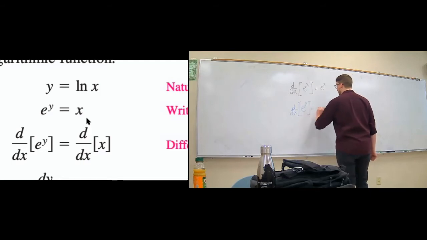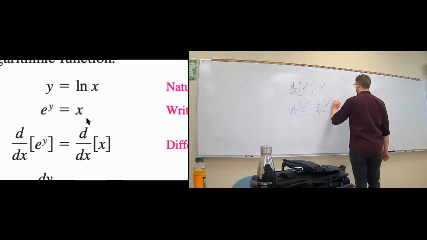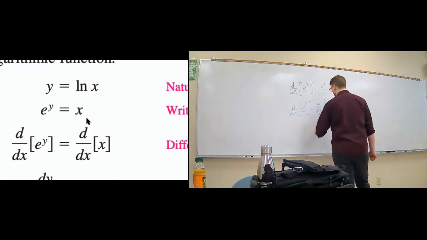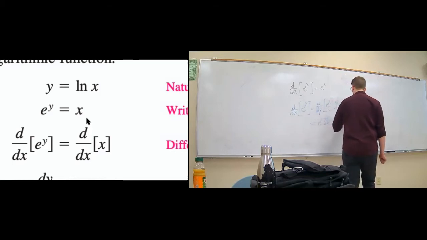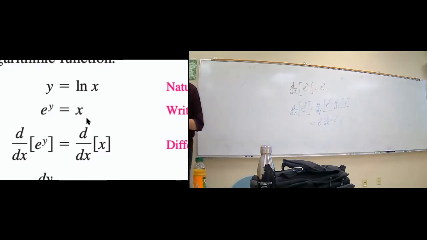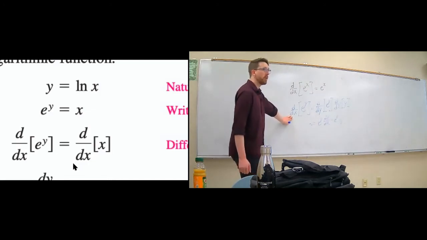It's going to be equal to d dy of e to the y times d dx of y, which is equal to e to the y times dy dx. Or we can write it as just y prime times e to the y, right? And that's what we're going to see going from this line to the next. And this is because of implicit differentiation, right? That's what we're doing here.